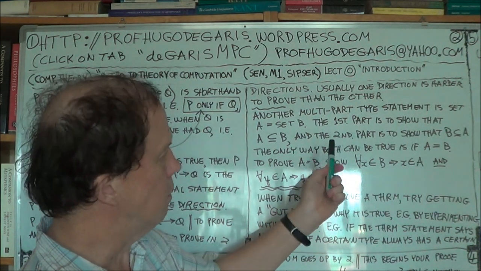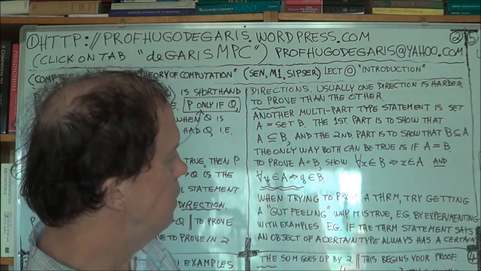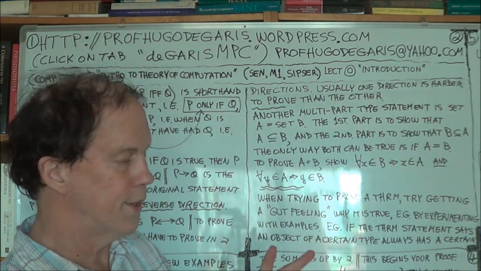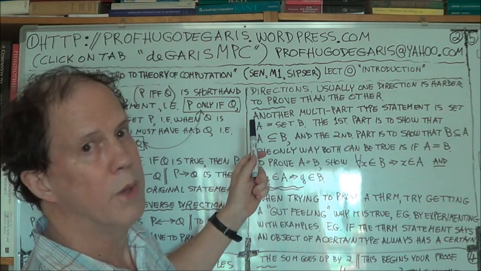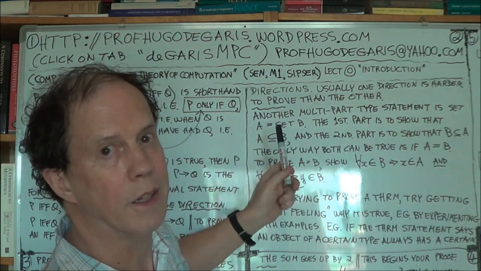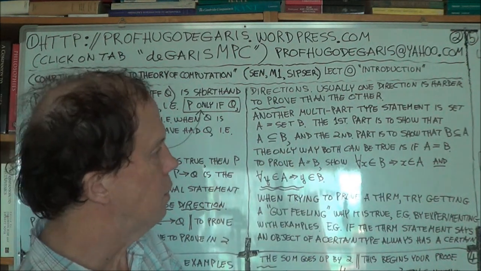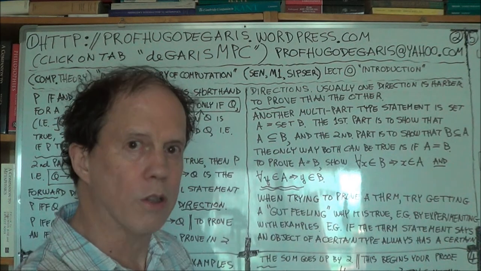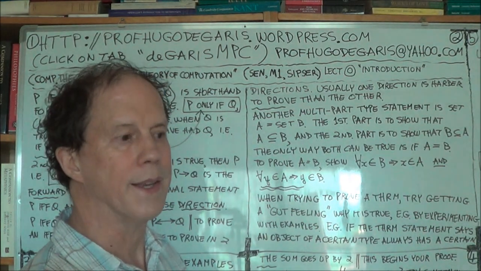Okay? Now in two sessions we'll actually do that. We'll actually take two sets. Now here we have not specified what these two sets are. We're just talking generally, right? Two sets A and B. But two sessions from now we will have two actual, concrete sets. You'll know what they are sets of.